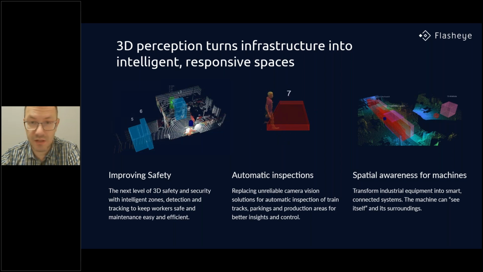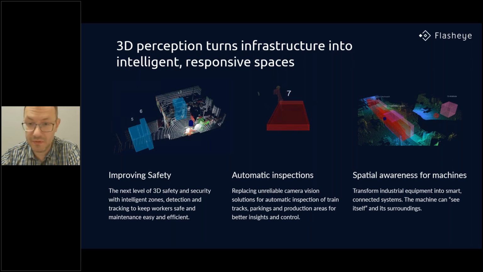Automatic inspections are enabled by measuring directly three-dimensional data, by understanding how far the object is in real life, not only by analyzing the image, but by knowing exactly where its point in the three-dimensional space is. It allows automatic inspections and spatial awareness for machines.